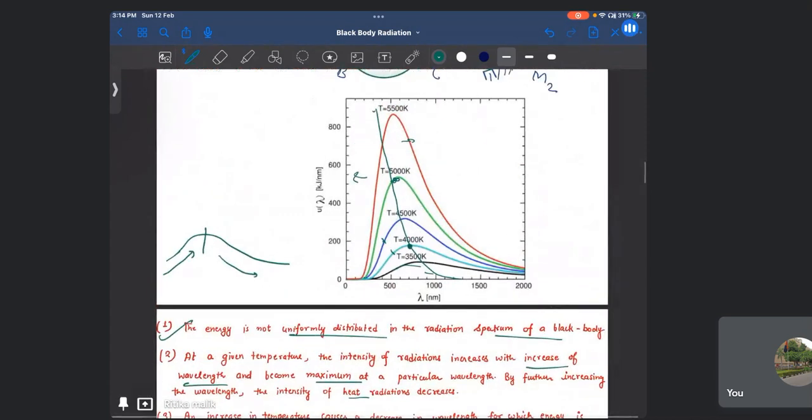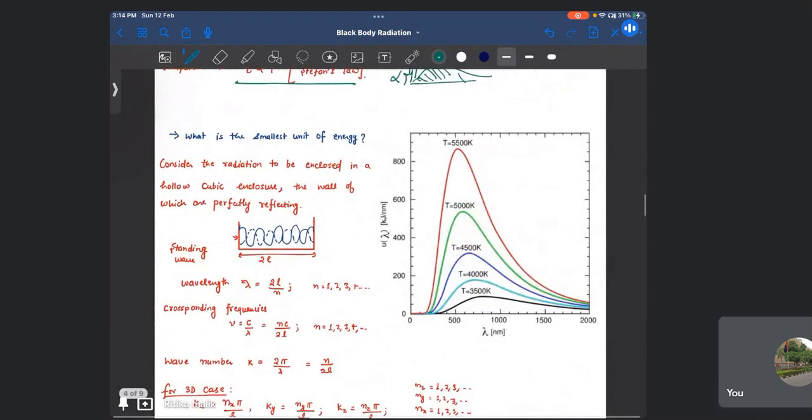In an interview, you may be asked to draw the curve, and then they will change any of these parameters. For example, they will ask what happens to the curve if you change the wavelength, or if you change the temperature. What is the function on the left side? If you remember what this curve is, you can draw it easily in your exam.